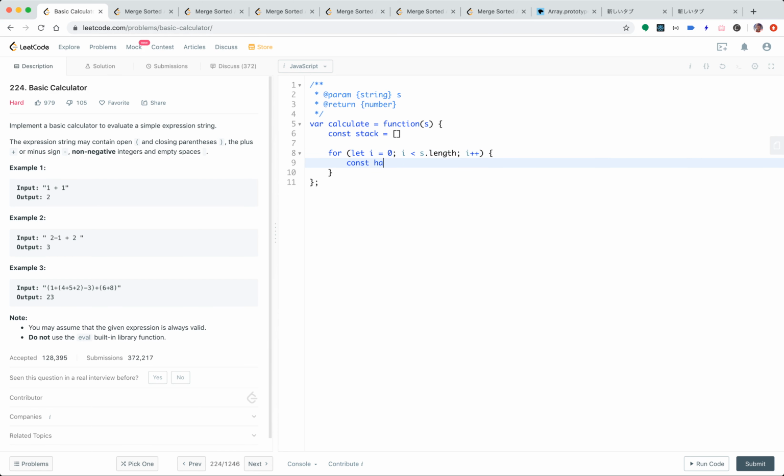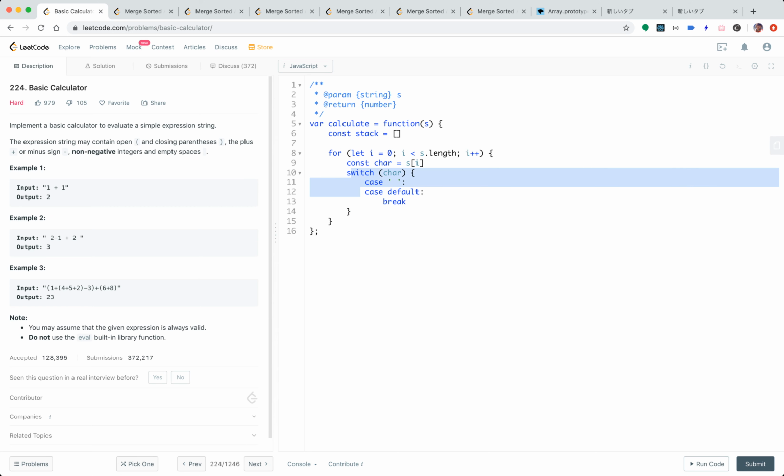character equals s i. Switch character, case space, break, case default, break.